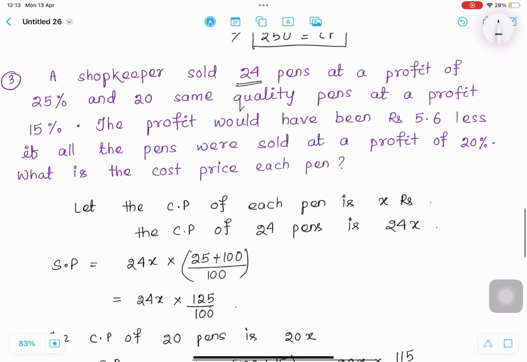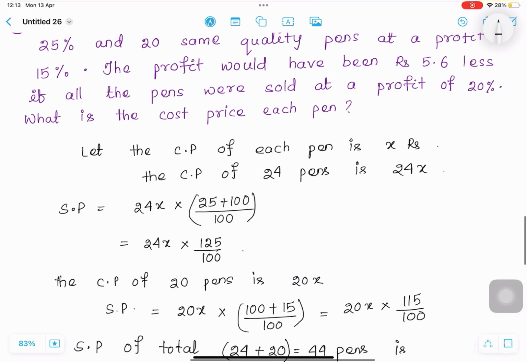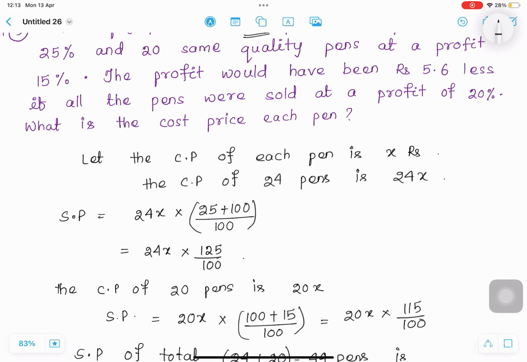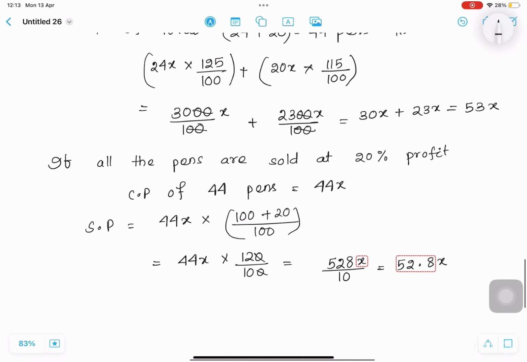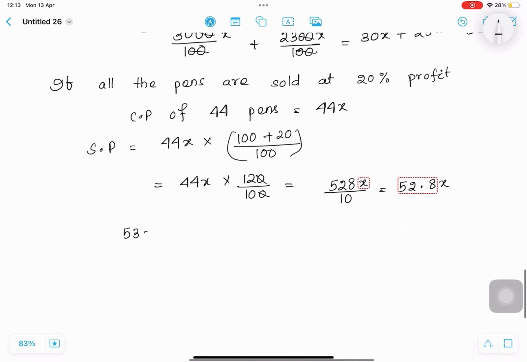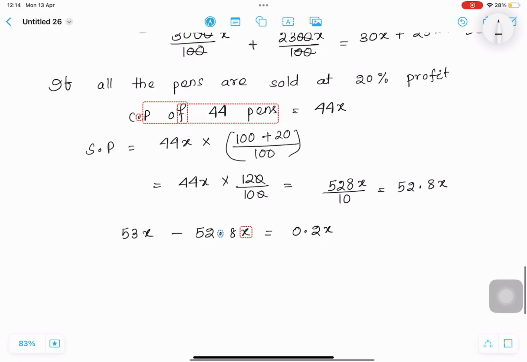Now our selling price for all the pens, we have got 53x. And the question is given, the profit would be 5.6 rupees less. So we can write 53x minus 52.8x, that is 0.2x.